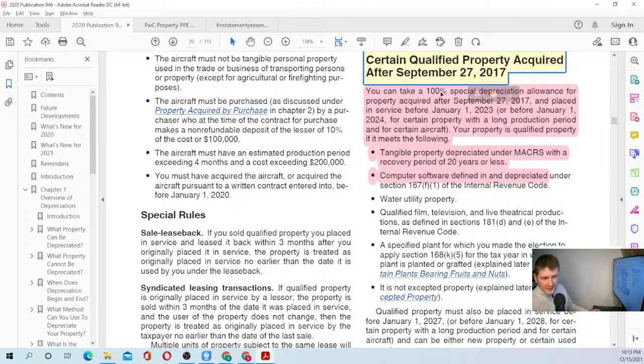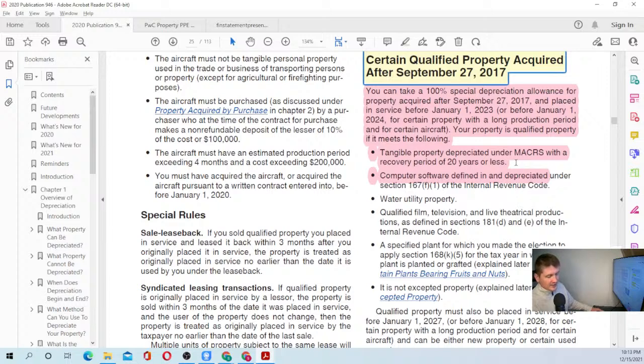So we can take 100% bonus depreciation, and the main requirement is it's basically every tangible property with a recovery period of 20 years or less. So, for example, if you buy a building, it's usually more than 20 years, especially if it's a residential building.